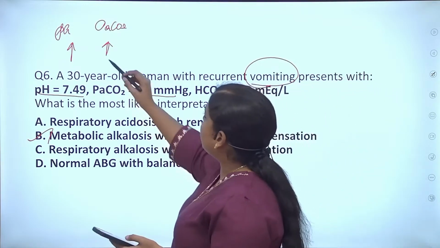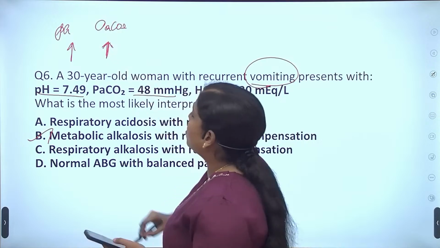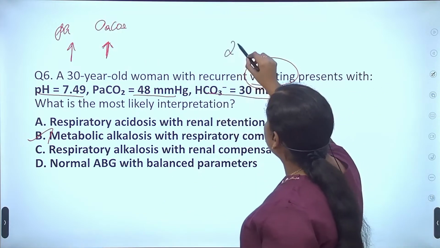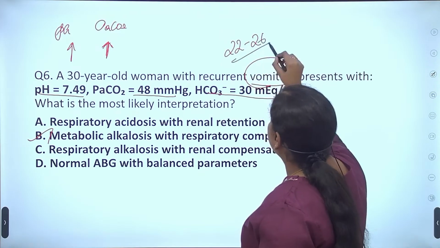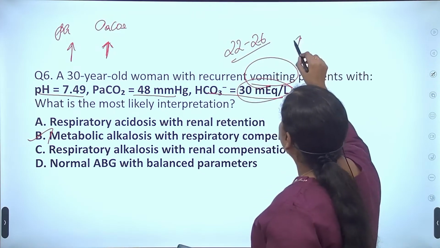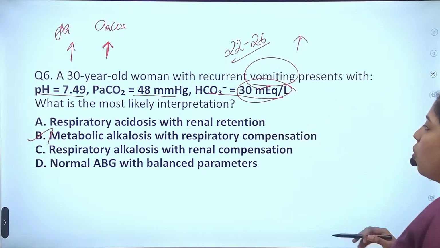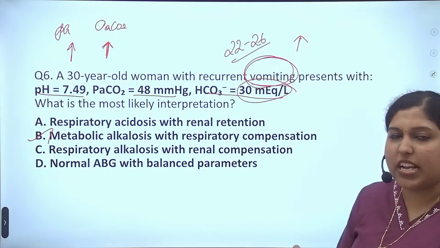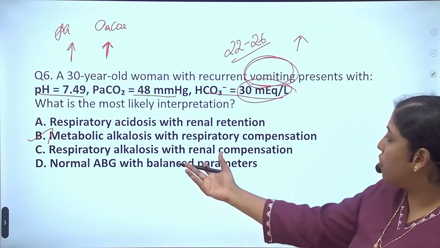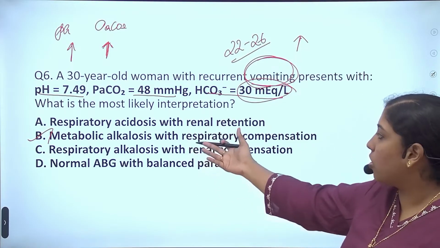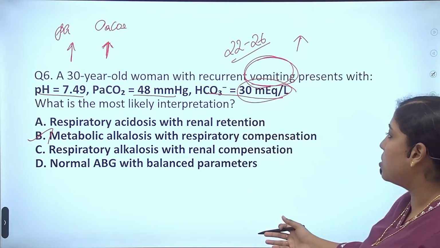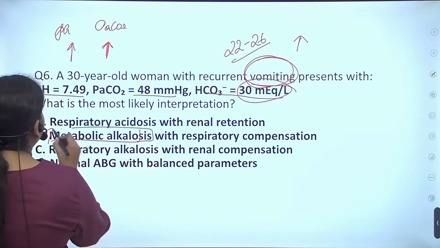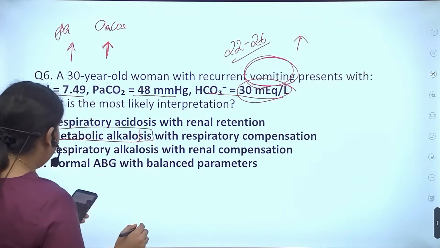Coming back to the class, your PaCO2 is also increasing, and for HCO3, the normal is 22 to 26, and here it is again increased. And vomiting is supporting that the patient is going for excessive acid loss, and you are going to come to the conclusion it is metabolic alkalosis. Now tell me, if metabolic alkalosis is there, is the patient going for hypo or hyperventilation?